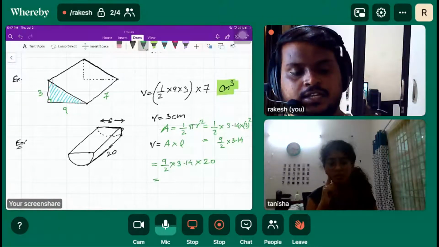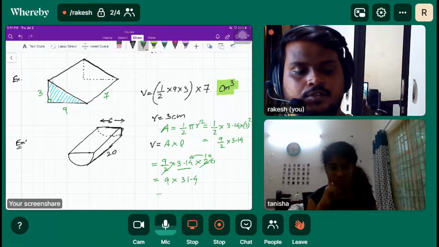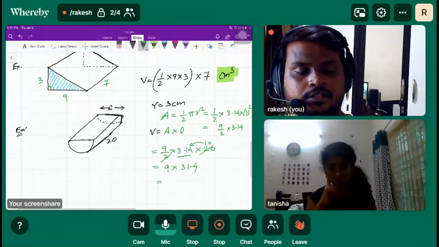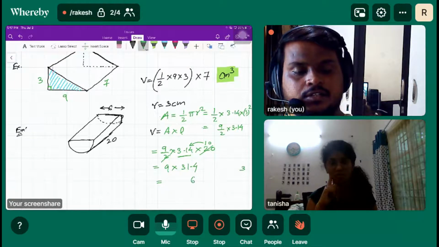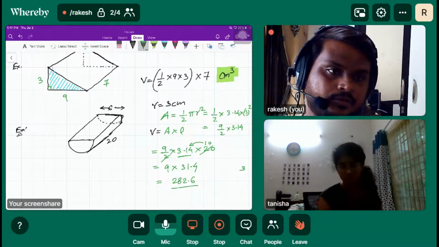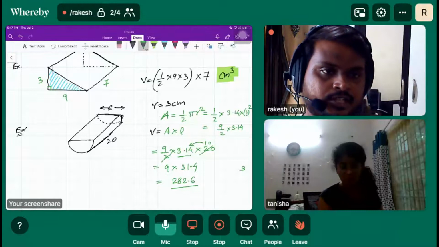So the 2 will cancel out with 20, which is 10. So when you multiply this with 3.14, it becomes 31.4, and then 9 fours are 36, 282.6. What did you get? Same answer?